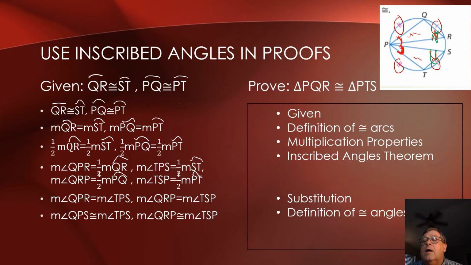All right, let's see. Well, I've got an angle, angle, and an angle, angle. If I had angle, angle, side, and angle, angle, side, I could prove those triangles. But let's see here. Well, there's a chord, and there's the chord. How about this? Side QR, arc QR.